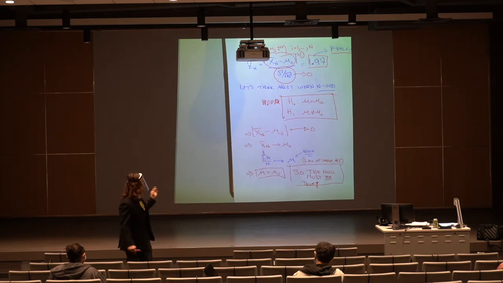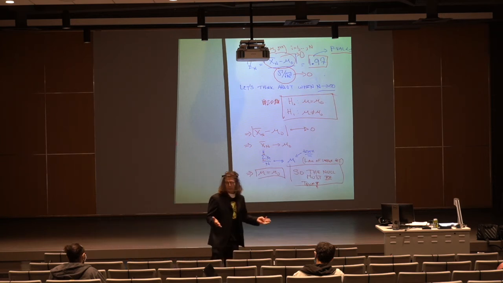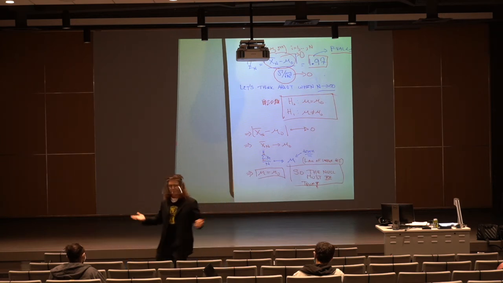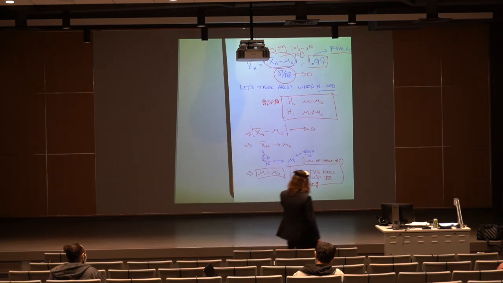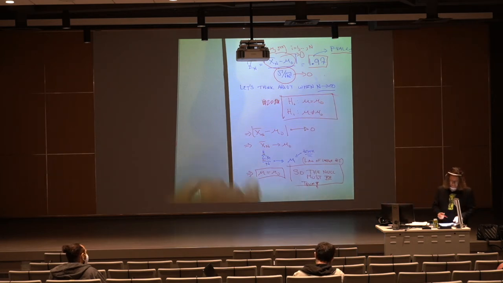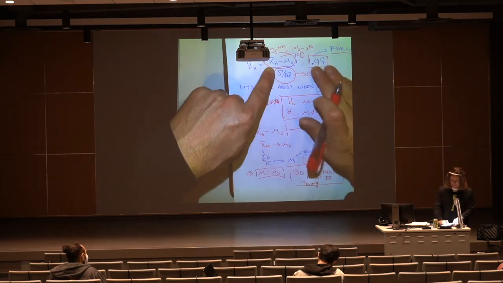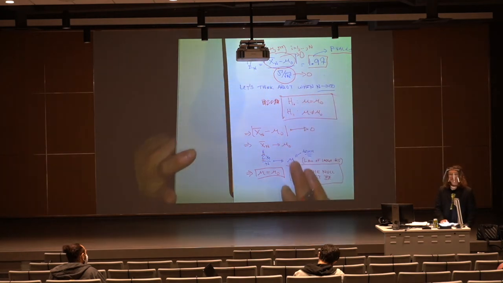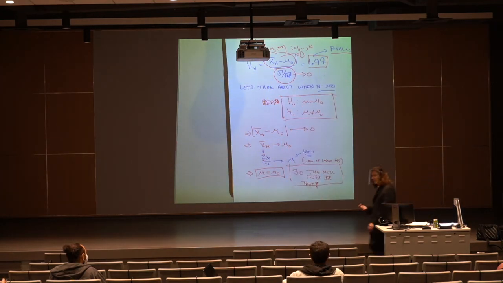So X bar is really close to mu naught. So let's just scale this back and think like n is a million, a billion, some big number, trillion. I guess million's not even a big number anymore. So let's say it's a quadrillion, whatever that is. So what this says is it's actually really 1.97 standard errors away from it.